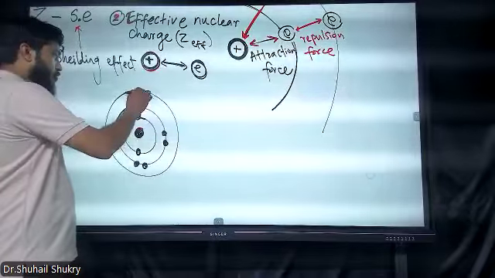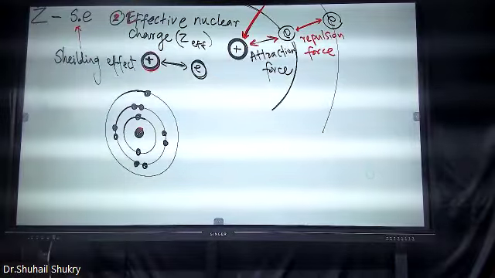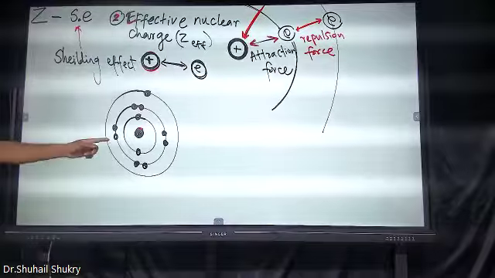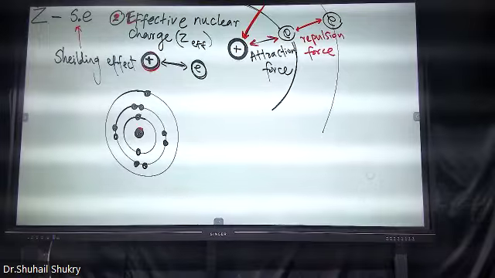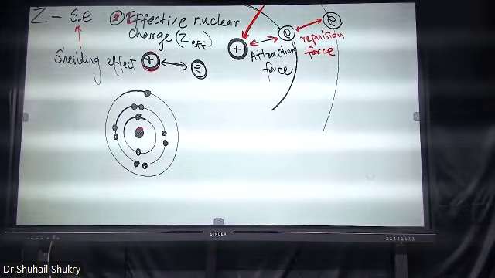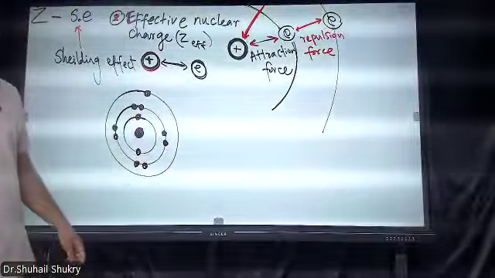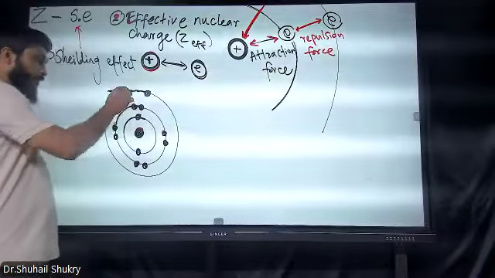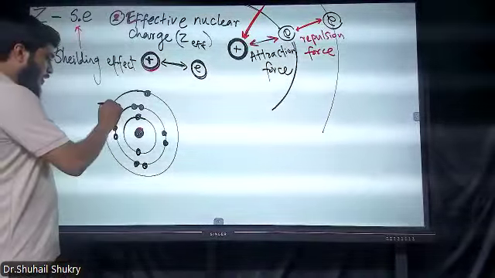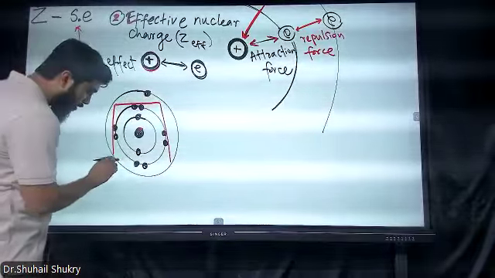Now just imagine this system. What is this atom? This atom is sodium. How do you know it is sodium? Because there are 11 electrons in this. So it is sodium. I didn't mention it's an ion. So there are 11 electrons in this sodium.